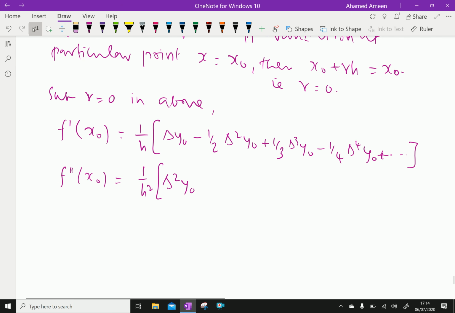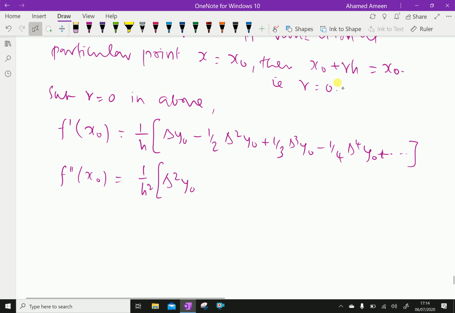So delta square y0 minus delta cube y0 plus 11 over 12 delta power 4 y0, where the terms alternately change signs.